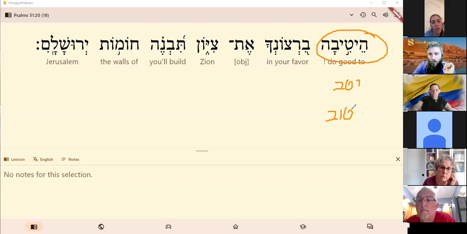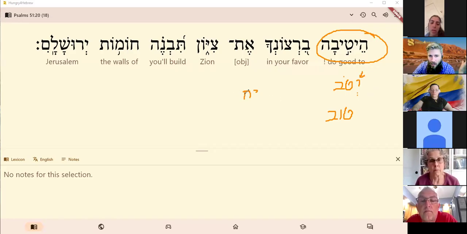What if the root Yatav were actually a state of being, O voweled, O vowel state of being verb? It would show up as something like Yitov, describing something as being good, and then the yod on the front often falls off in words like Yihad becomes what?